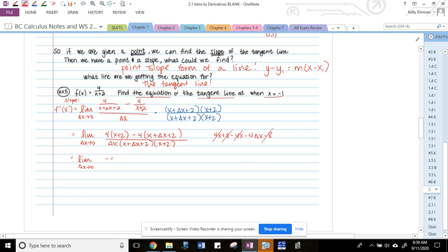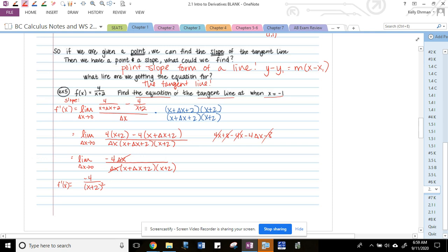You just have minus 4 delta x over delta x times x plus delta x plus 2 times x plus 2. Delta x is canceled. We can drop our limit notation since we're using direct substitution, and we have f prime of x equals negative 4 over x plus 0 plus 2, so x plus 2 times itself, x plus 2 squared.